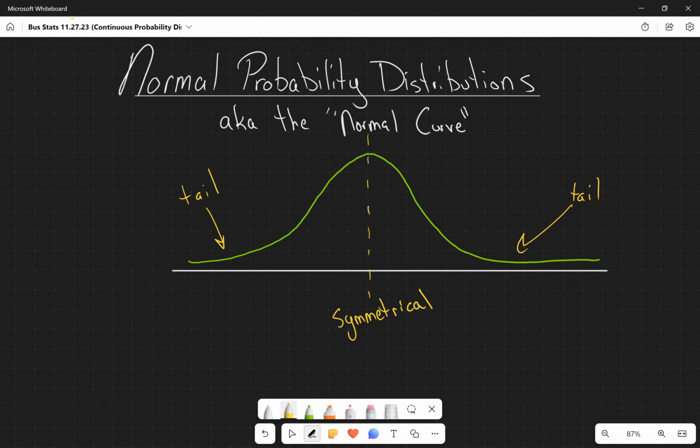And the reason why this doesn't actually touch the axis is because theoretically this curve extends to negative infinity. And similarly over here it goes to positive infinity.